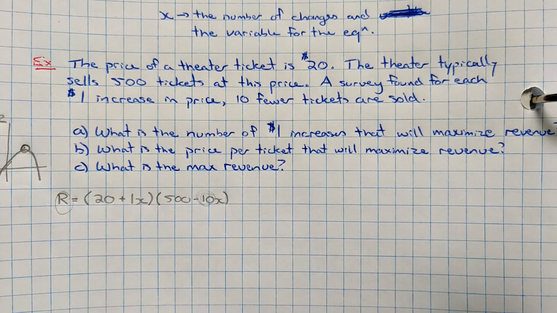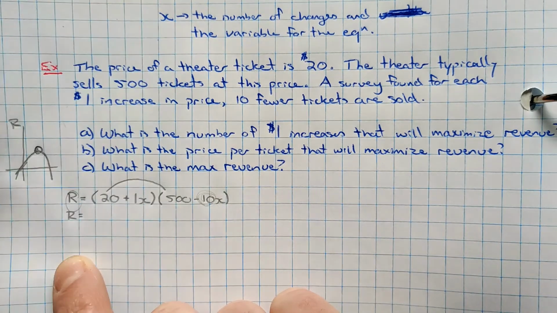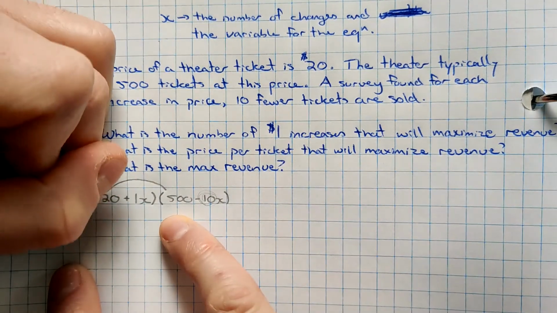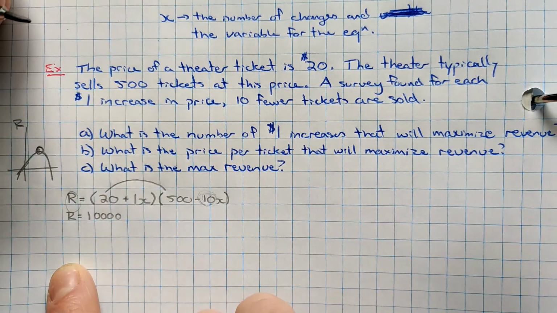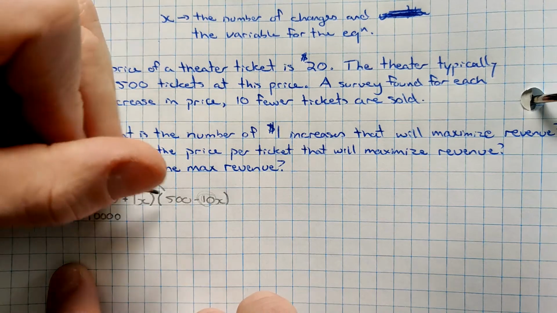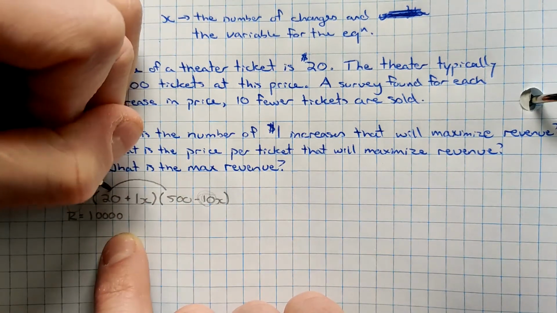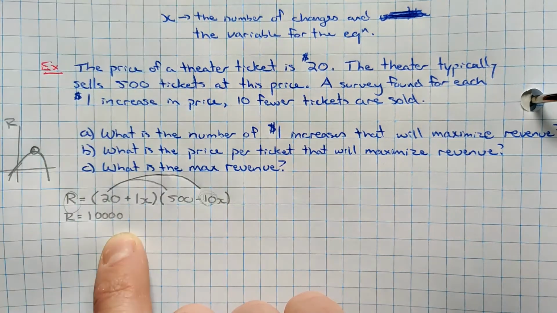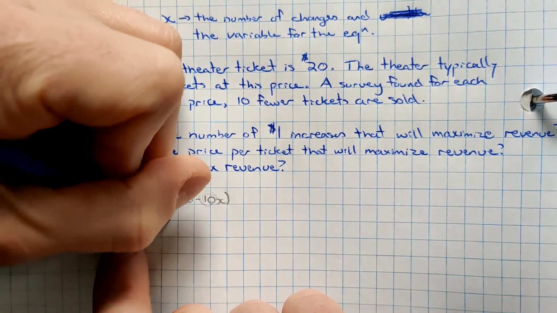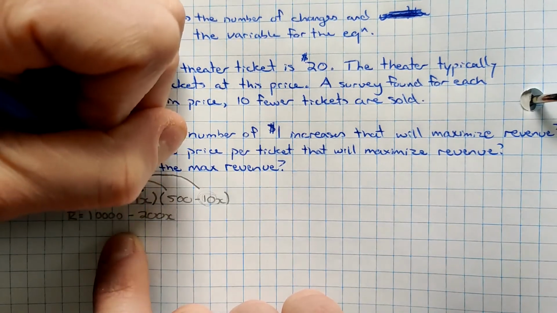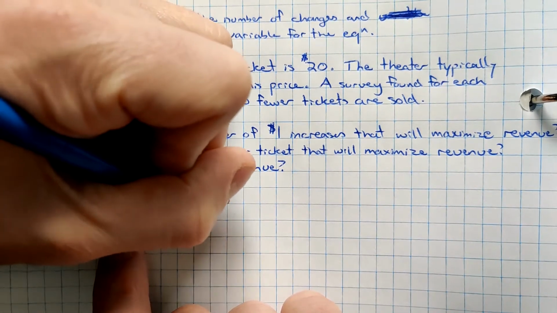That means we need to change this to standard form by FOILing this out. We have 20 times 500, which is 10,000. And then 20 times negative 10, which is negative 200x. 1x times 500, which is plus 500x.